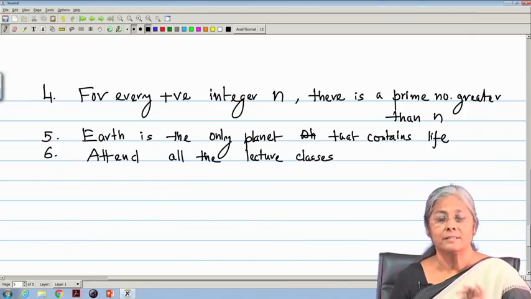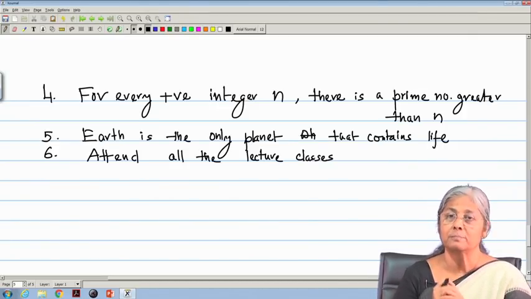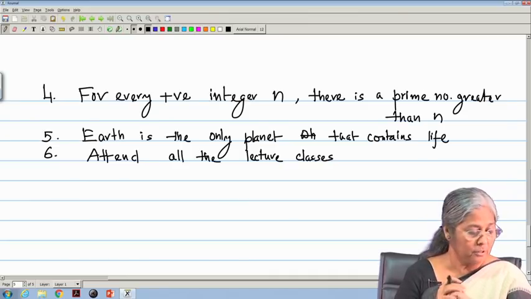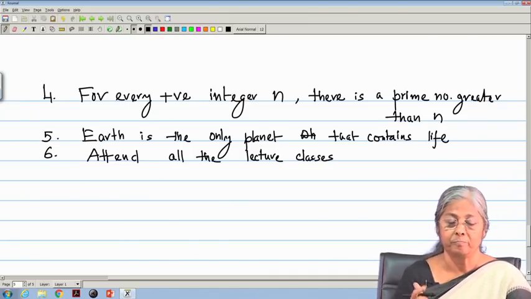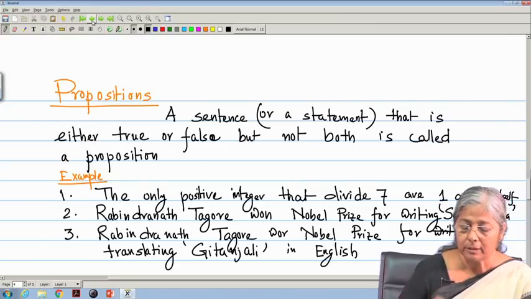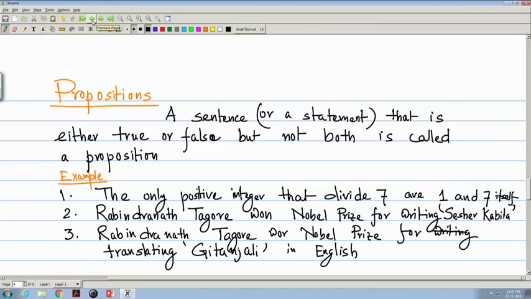Now, with these 6 sentences, I try to explain what we mean by proposition. The first one: the only positive integers that divide 7 are 1 and 7 itself. It is true because 7 is a prime number. The second statement, Rabindranath Tagore won the Nobel Prize for writing Shesher Kabita, is not correct, which is false.